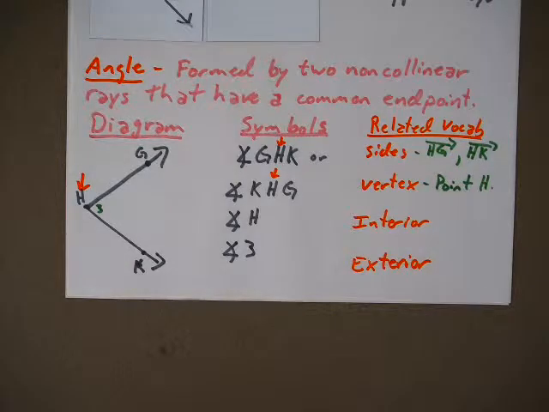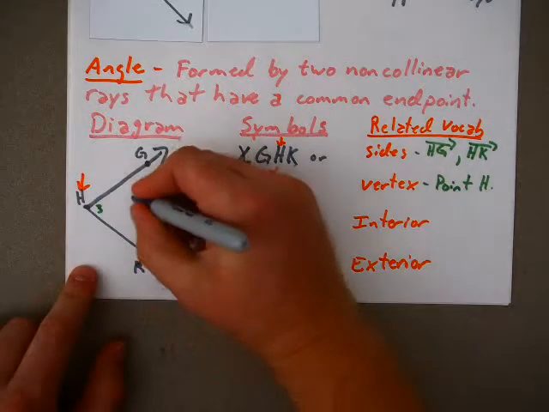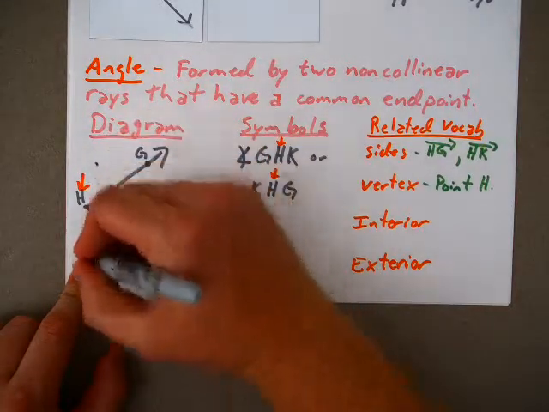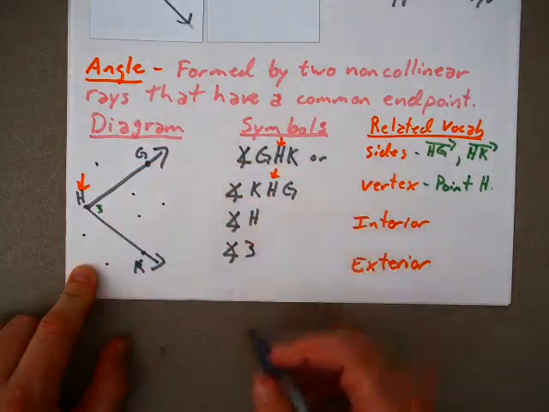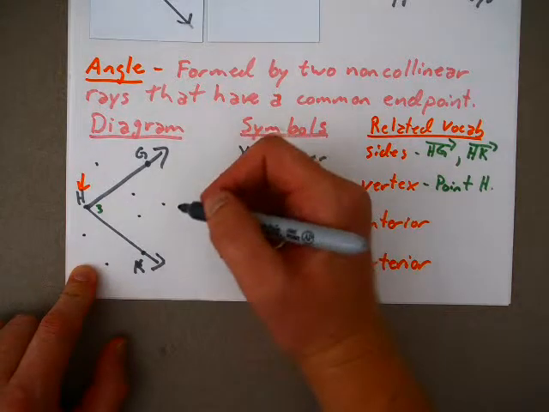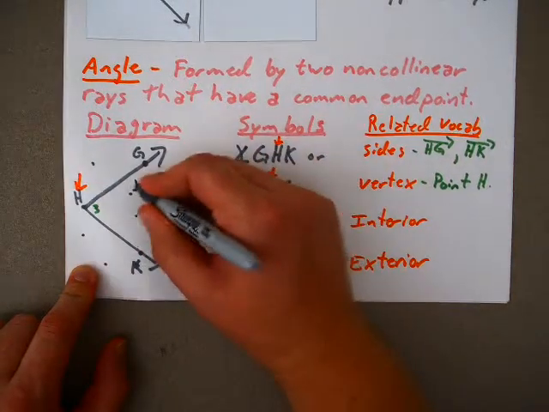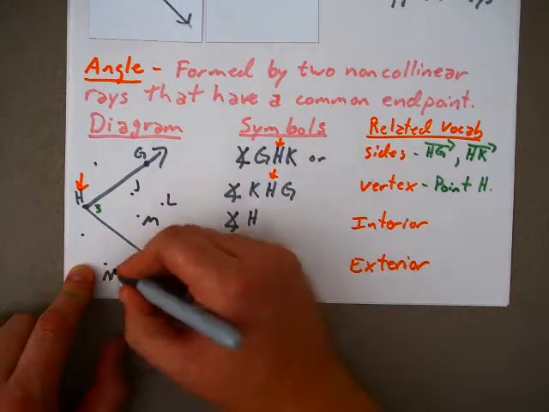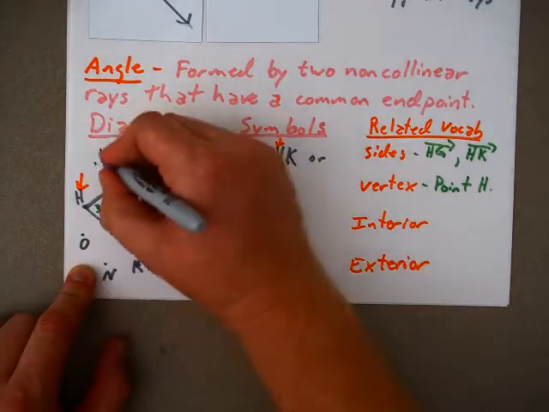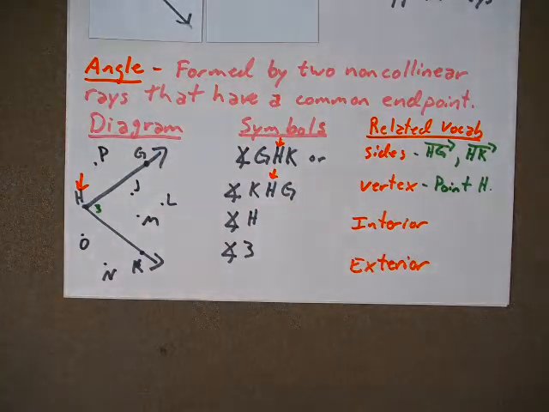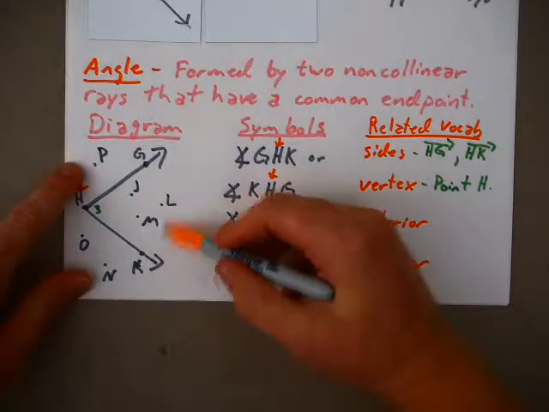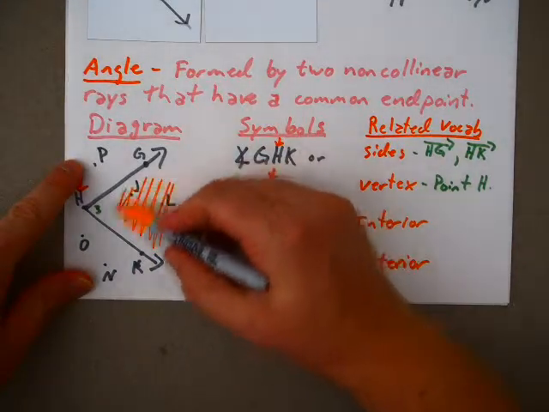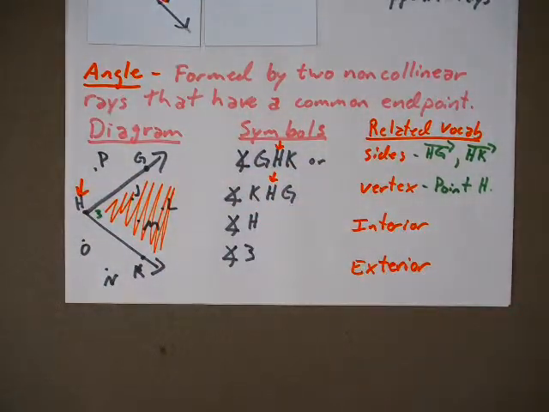And then we have something called interior and exterior, and that's talking about points that are inside or outside of the angle. So let's label points J, L, M, N, O, and P. In the interior would be all the space right in here. That's the interior.